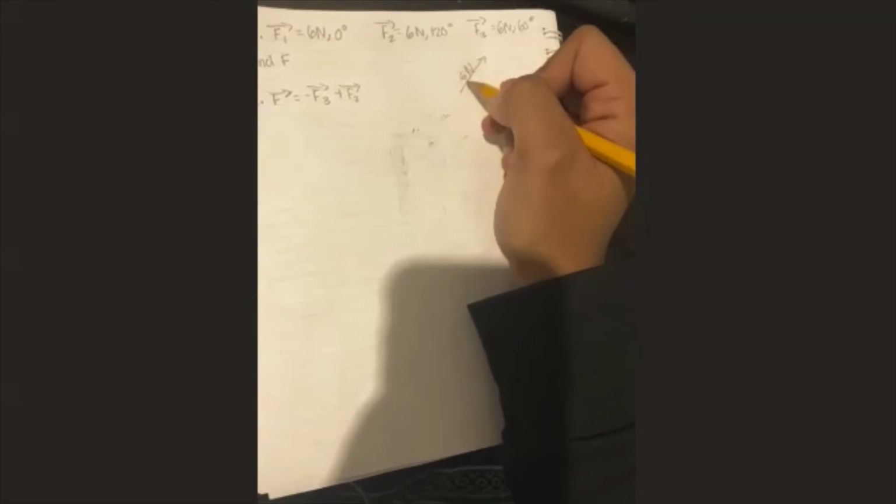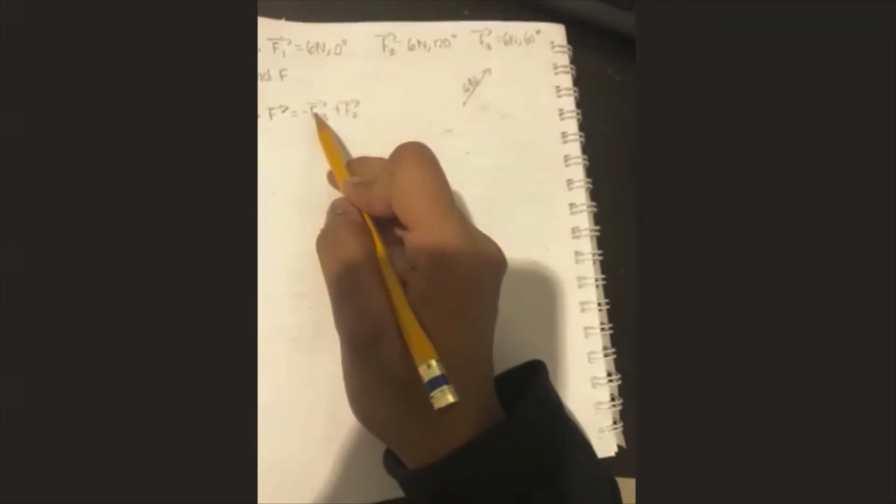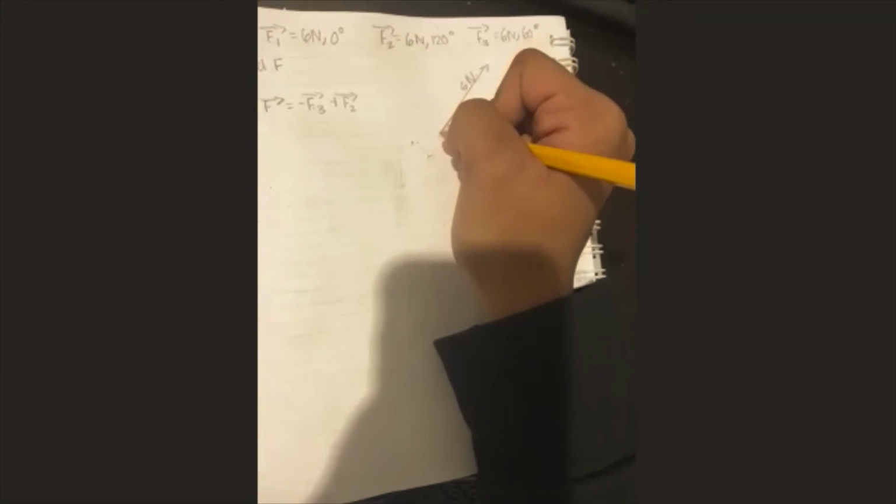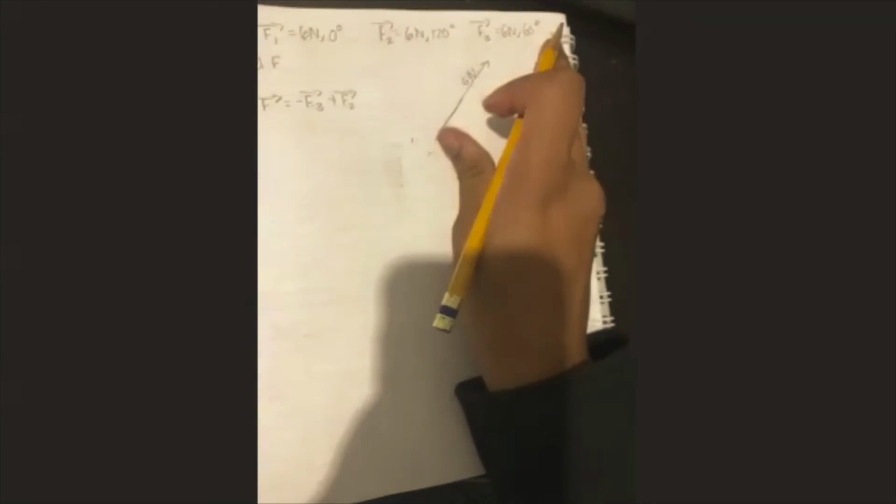We know that this is 6 newtons. If this is positive, how are we going to find the negative, since they're asking for negative F3? Negative F3 is going to be on the opposite side. Look at the XY plane: if positive X is on this side, positive Y is on this side, and negative Y is on this side, it's going to be the opposite value.